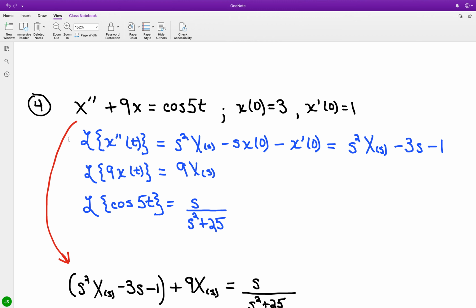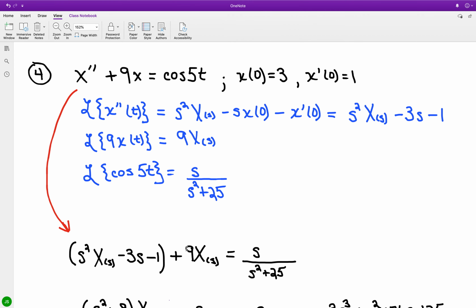The Laplace transform of 9x is 9 times the Laplace transform x of s, and for the Laplace transform of the cosine of 5t, we have s over s squared plus 25.